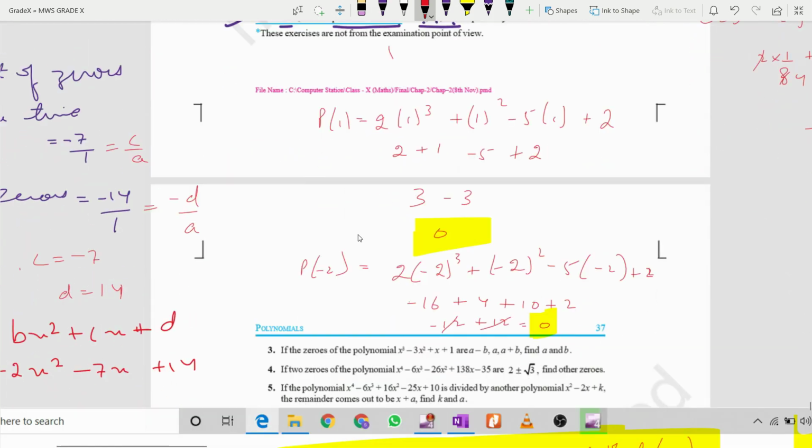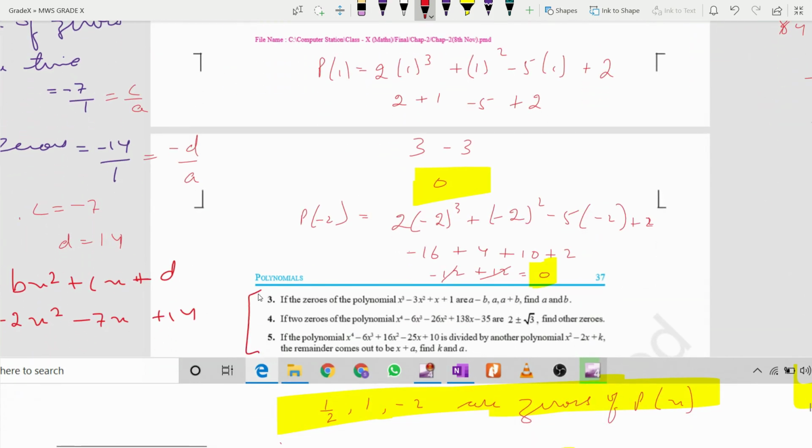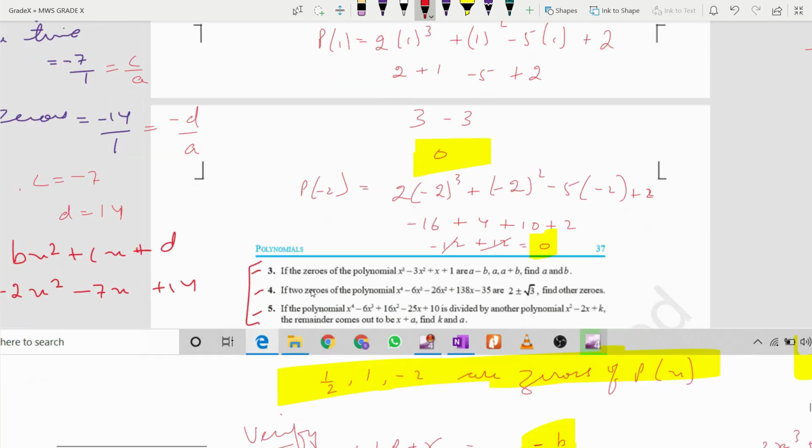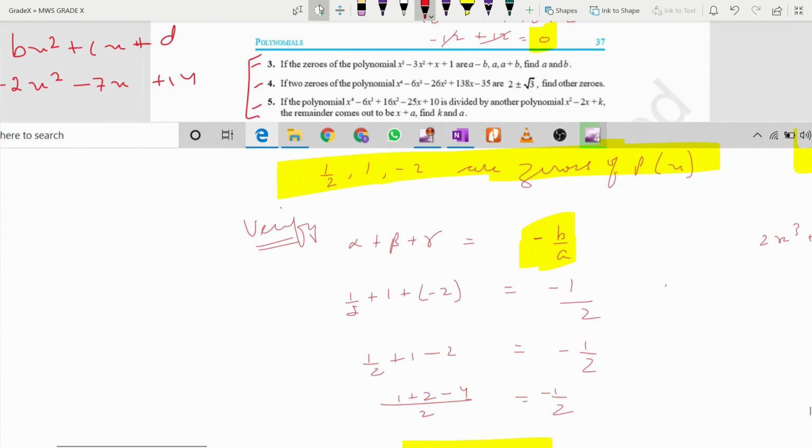polynomial second question. Now three questions are left, question number 3, 4 and 5 for the chapter. So let us do now question number 3.